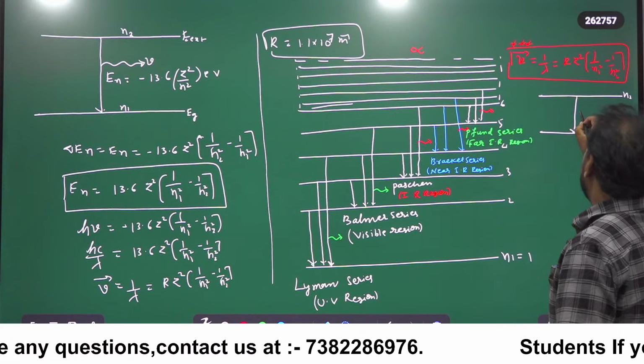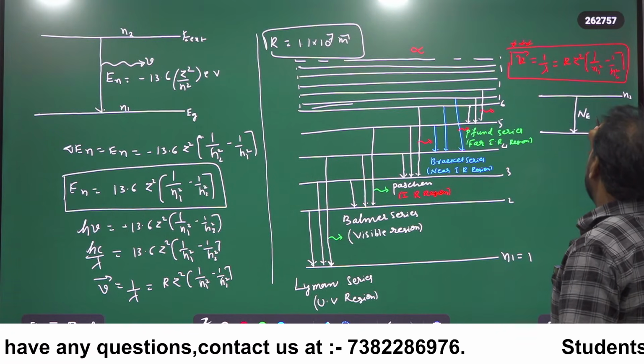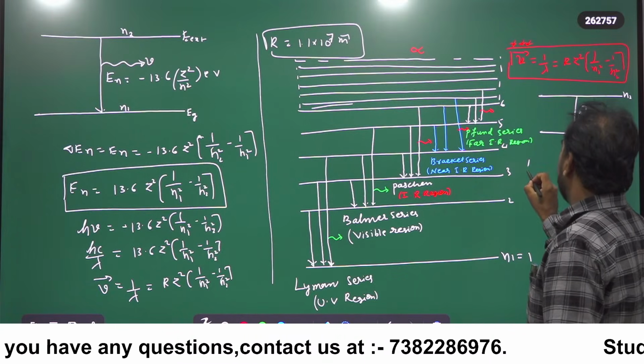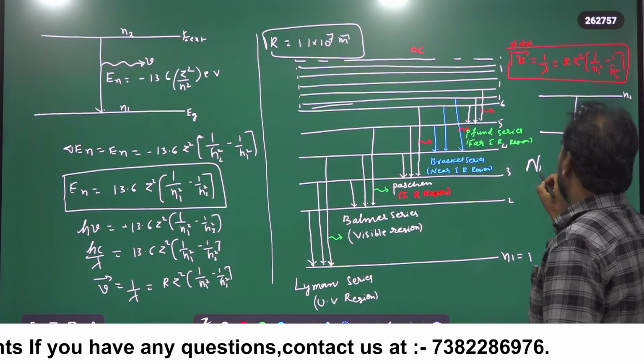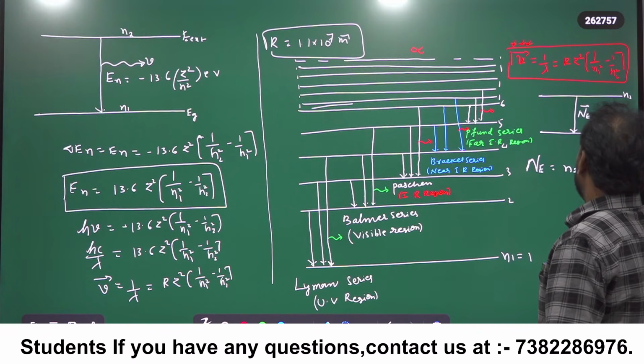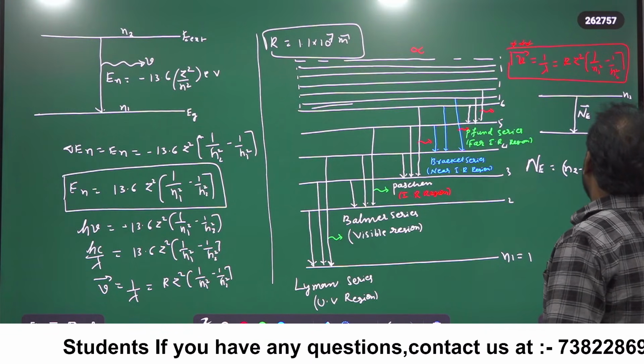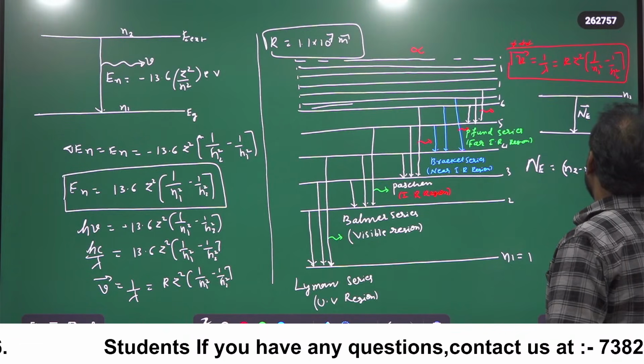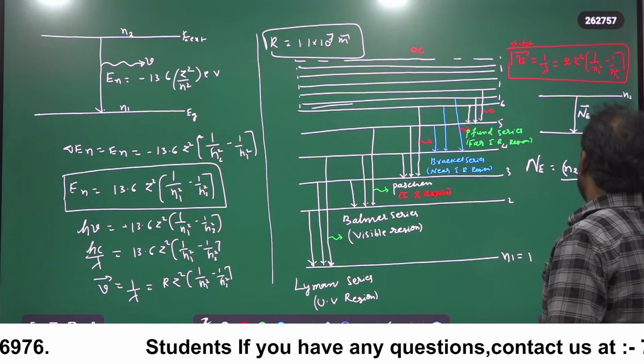How many spectral lines are formed here? The number of spectral lines is given by N of E is equal to (N2 minus N1 plus 1) into (N2 minus N1) upon 2.